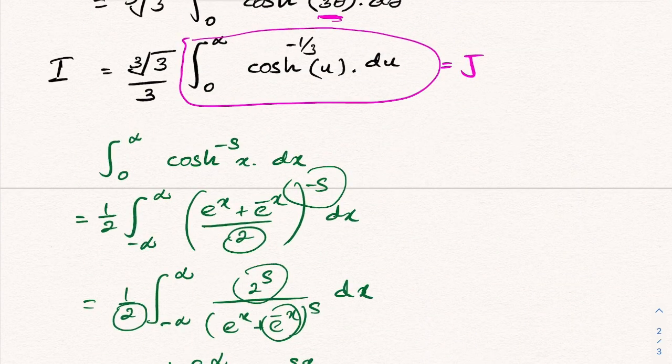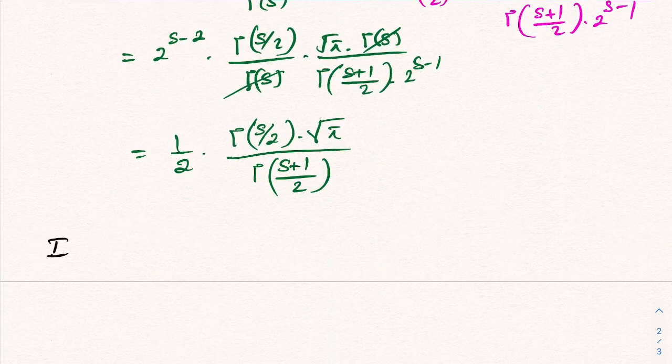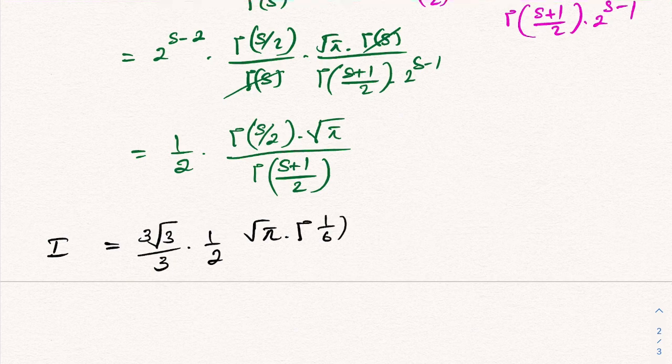We generalize, so we know now I is equal to cube root of 3 over 3, then 1 half square root of pi, gamma of s over 2, s we know now 1 over 3, so gamma of 1 over 6 over gamma of s we know 1 over 3, so 1 over 3 plus 1, so 4 over 6, so 2 over 3, gamma of 2 over 3.